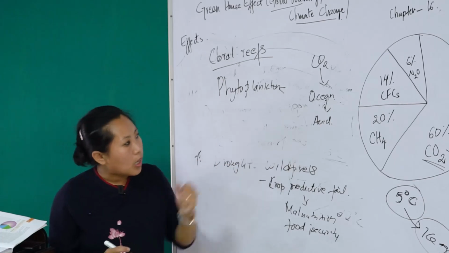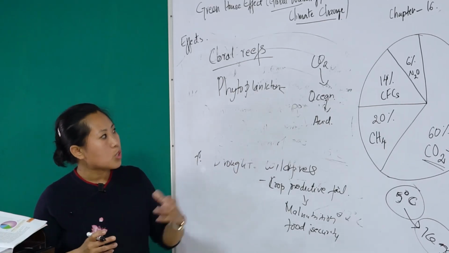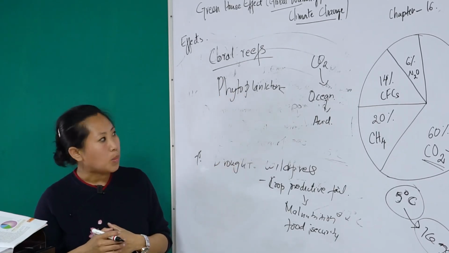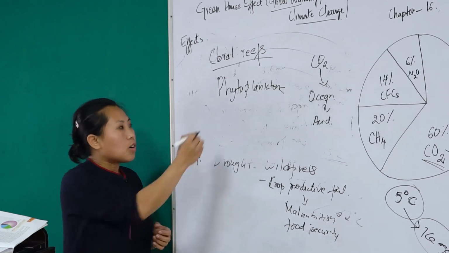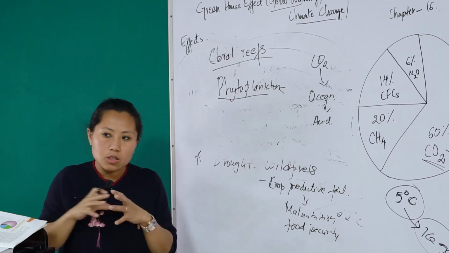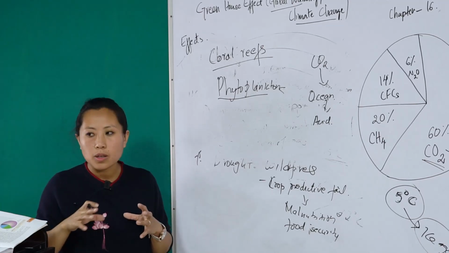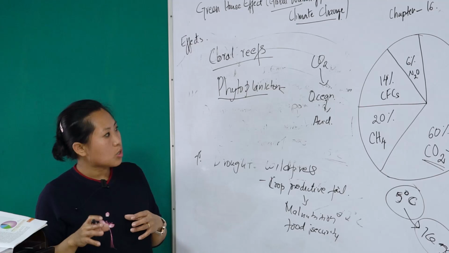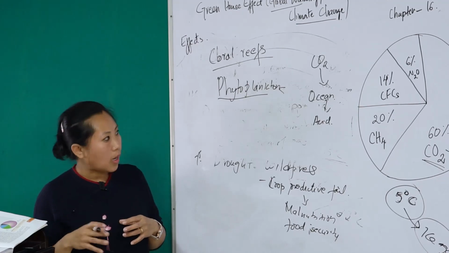So it makes the water more and more acidic, which will threaten the survival of the planktons. And if these phytoplanktons die, then the whole food chain and food web in the aquatic ecosystem will be disturbed, leading to the extinction of marine animals.